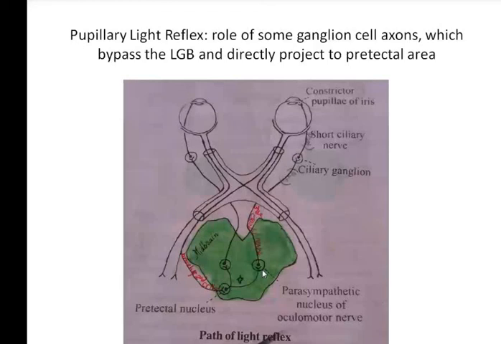This is the long one, and this is the short ciliary. This is parasympathetic. The preganglionic fiber is longer compared to the postganglionic fiber. So they cause constriction of the pupil on both sides of the eye.